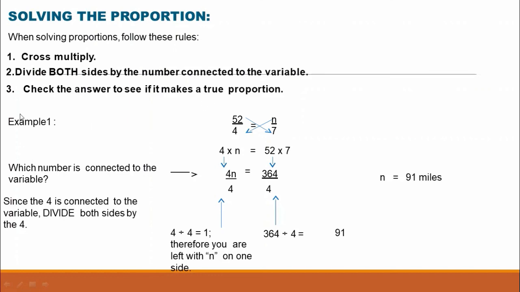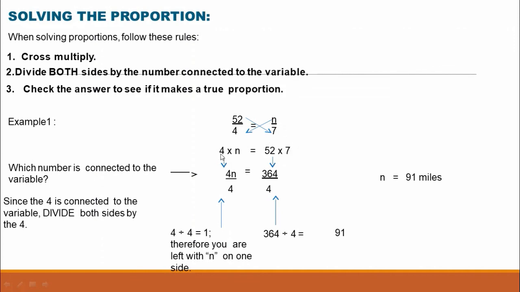For example, in this example we have two ratios in proportion: 52 divided by 4, this is the first ratio, and n divided by 7, this is the second ratio. n is the unknown quantity. So first of all, using cross multiplication, 4 multiplied by n and 52 multiplied by 7.